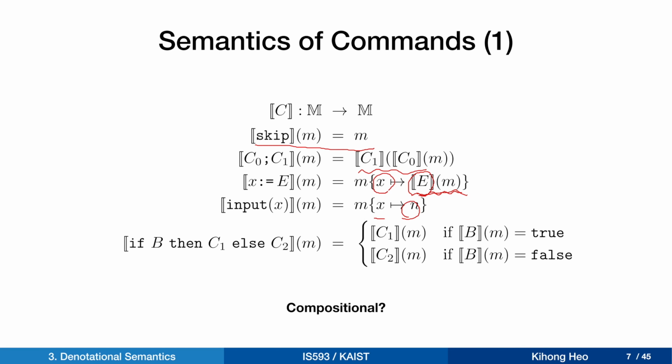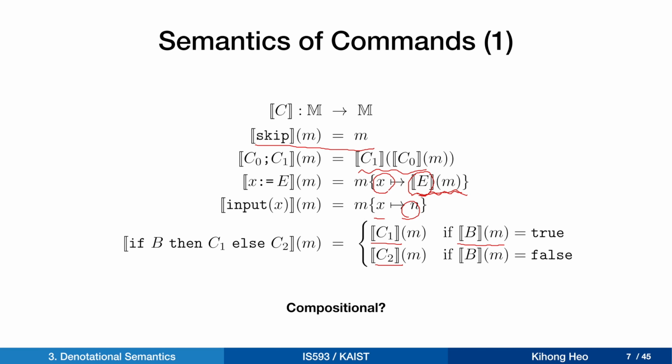The next is the semantic function of the if command. This semantic function will be determined by the semantics of the conditional expression and also each subcommand. If the semantic function of the conditional expression returns true, then we define the semantics as that of the true branch, and otherwise the semantics of the false branch.